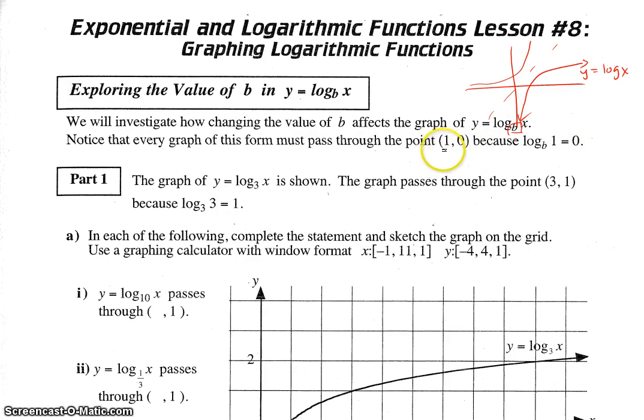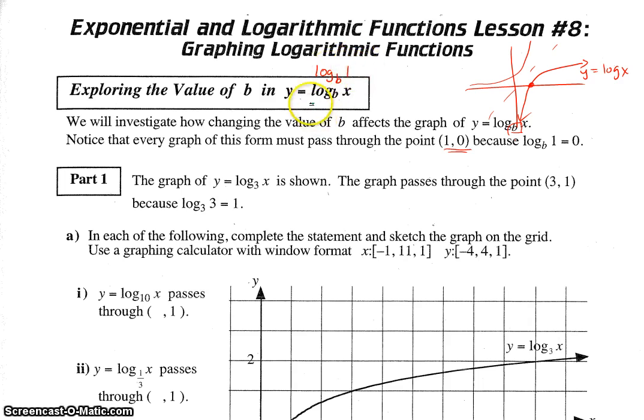One thing to note, anytime a log function passes through x equals 1, let's look at our log function, log base b, and let's say x was 1. So we're talking about this point here. Well, we know that anything can be expressed as something to the 0 exponent, and you would get 1.